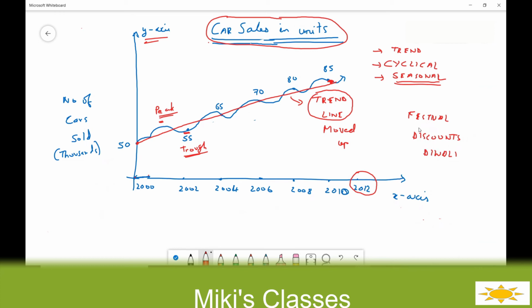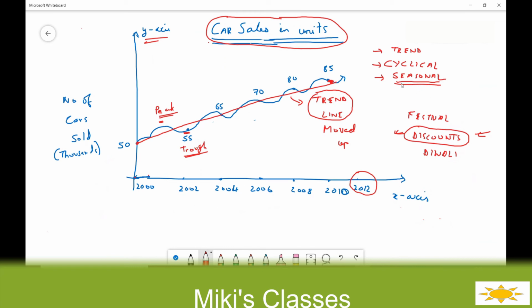So the moment that happens, there are a lot of discounts. And automatically what will happen? The car sales will shoot up. Not only car, it can be any other thing also. Any consumer durables like a TV, a refrigerator, a washing machine, any of these, you might see there are heavy discounts, and that is why the sales in number of units will jump up, will move up, right?